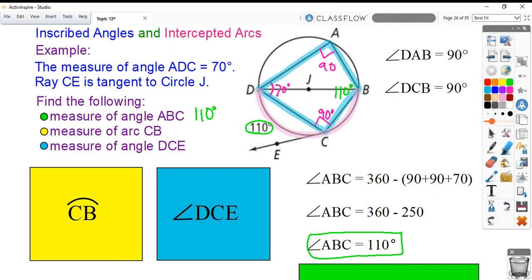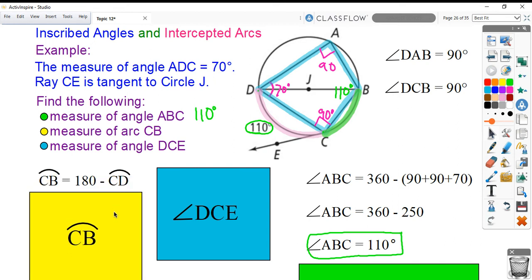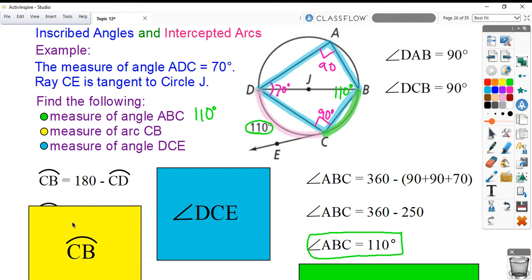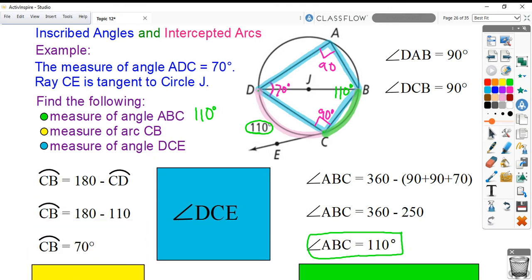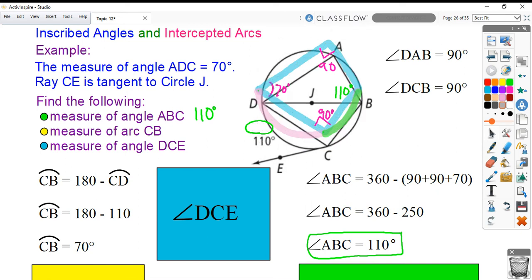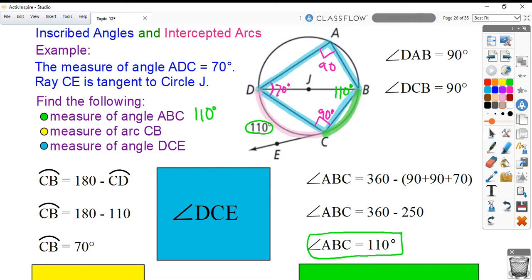So really all we have to do is find this missing piece that I just highlighted in green. We take that 180 and subtract the part we already know. We subtract 110, and that leaves us with our last piece over here. It must be 70 degrees.